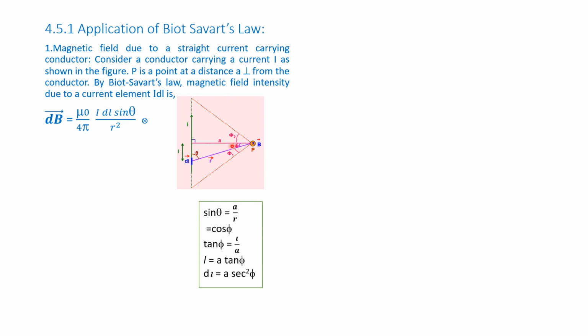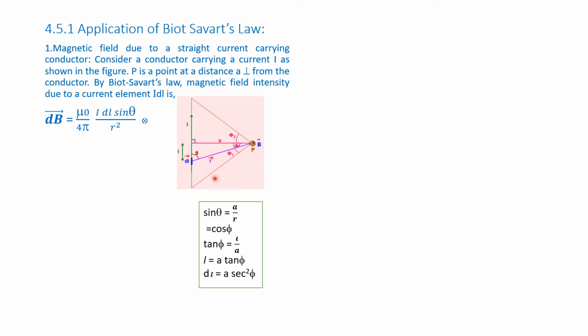For phi, L is the opposite side and r the hypotenuse, and cos phi is adjacent side by hypotenuse, which is A by r. So sin theta is equal to cos phi by this geometrical relationship.